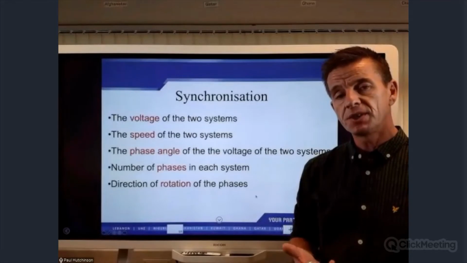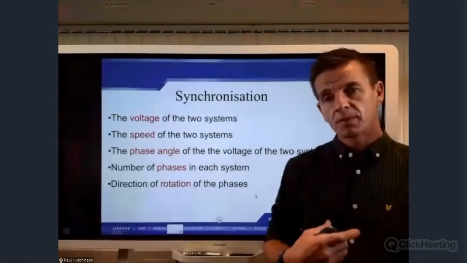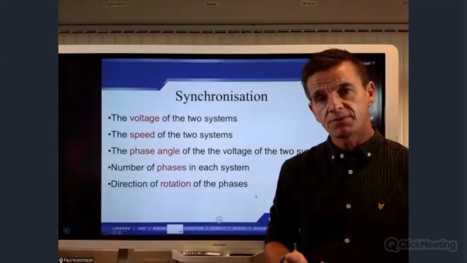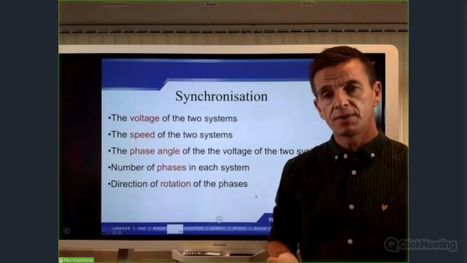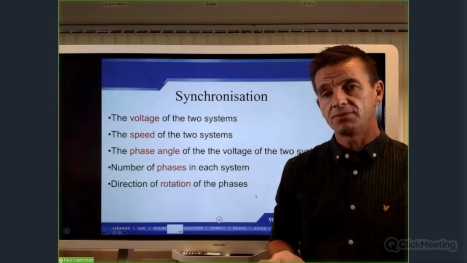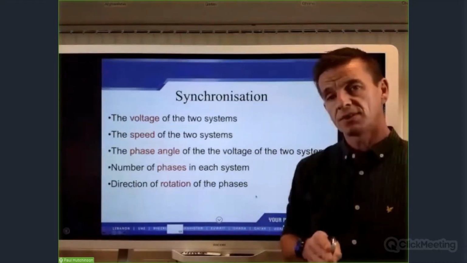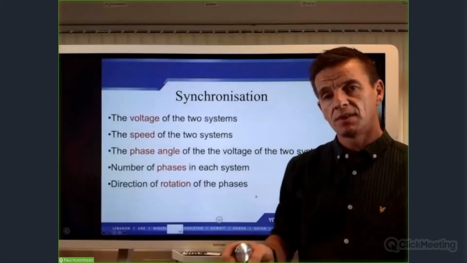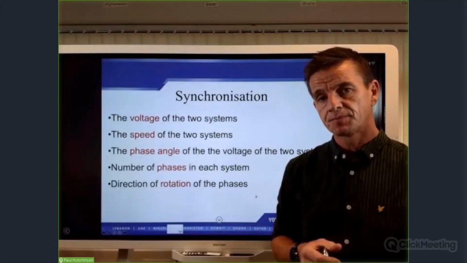So we have the voltage of the two systems. The AC voltage, whether it's 380 volts, whether it's 400 or 415 volts, we need to be able to ensure that the voltages of the two systems are exactly the same.